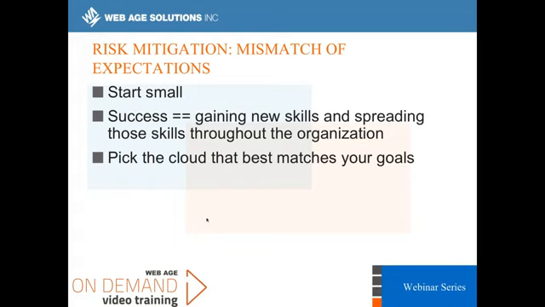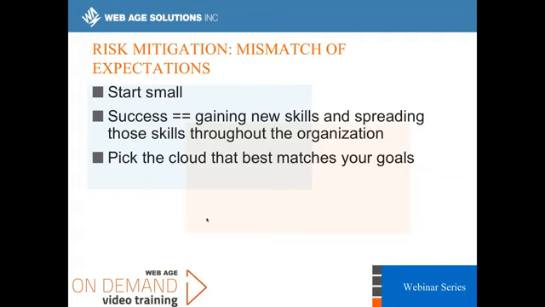Okay, and then back to the business issues of mismatch of expectations. Start small and realize that a successful cloud project is one where your resources have gained new skills and spread those skills throughout your organization. Which means that you need to pick the cloud that matches the goals.